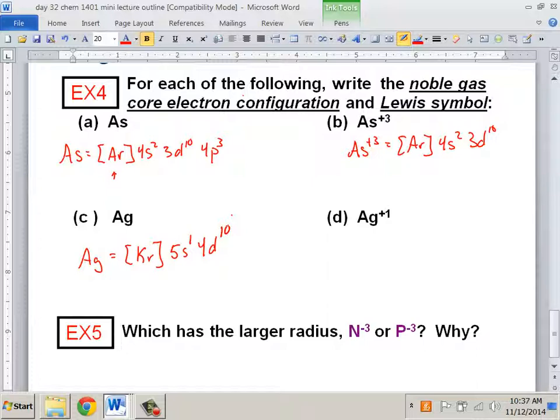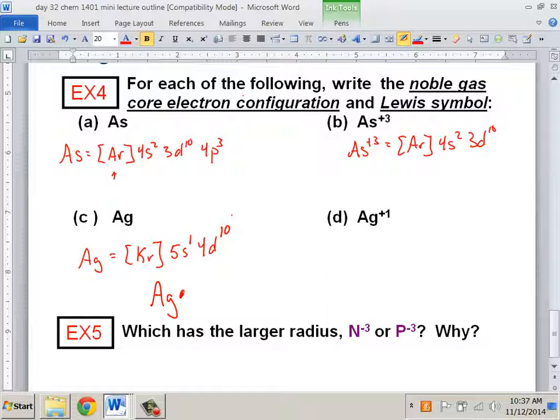Okay, so how do you write the Lewis dot for silver? How many dots would you put around it? Just 1. Because the only way to tell is from looking at the electron configuration. That's what makes this tough.